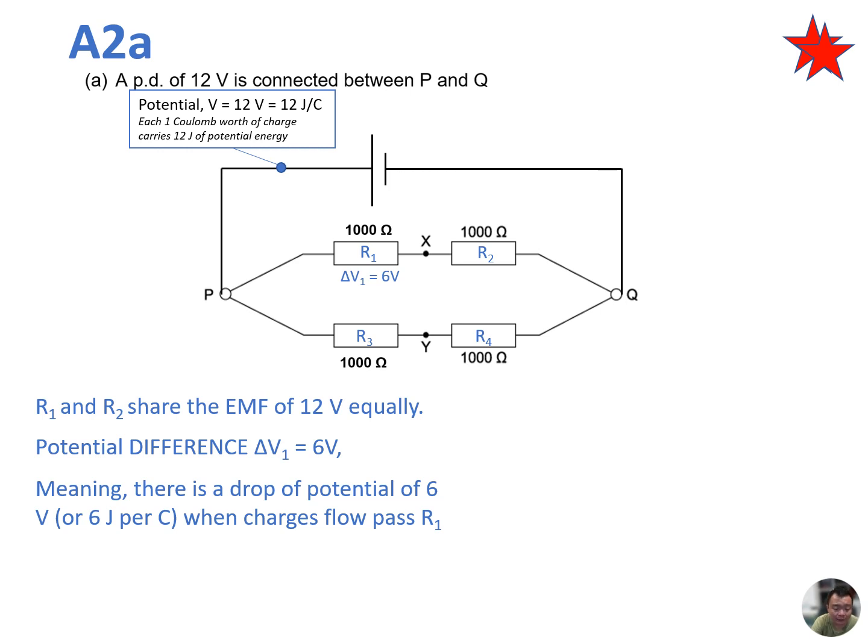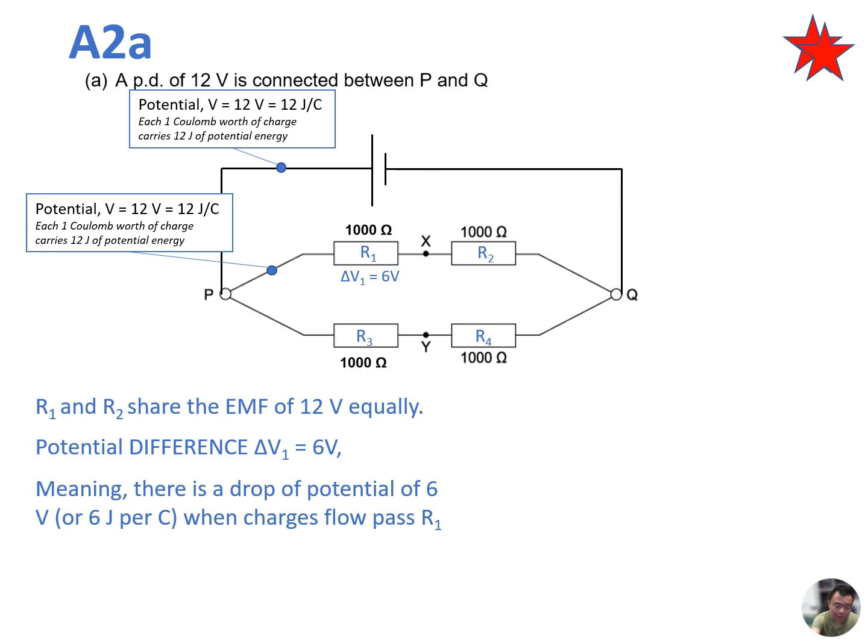If you look at the pop-up, at that point, if you were to measure the potential value, you will get 12 volts. This means that if at that point you take out 1 coulomb worth of charges, then this coulomb worth of charges would have contained 12 joules of potential energy because the unit for volts is joules per coulomb.